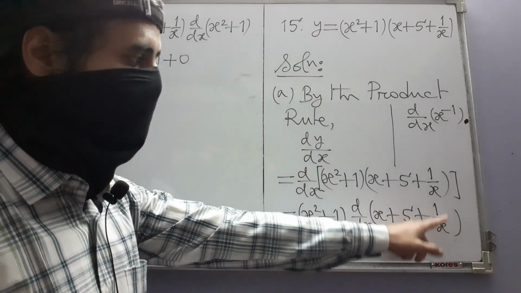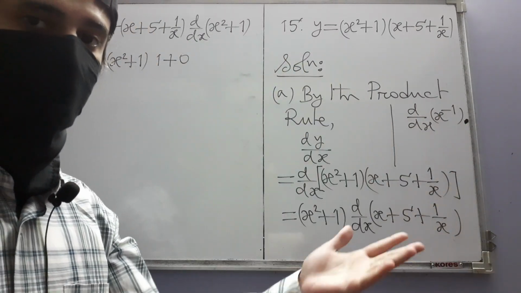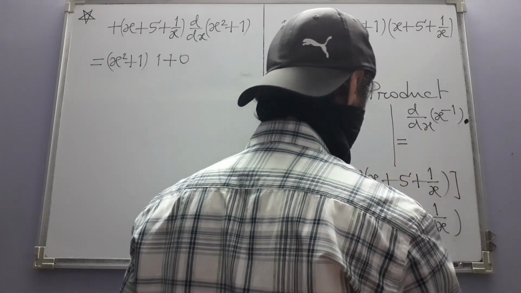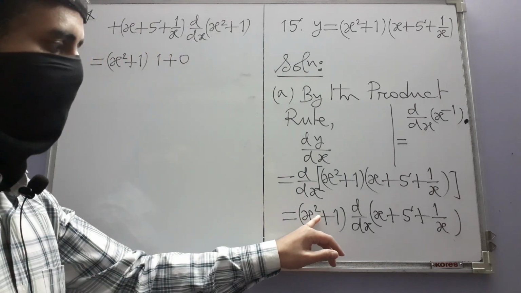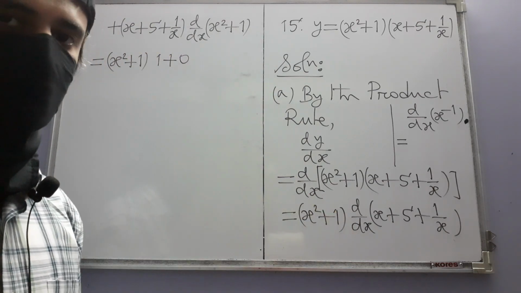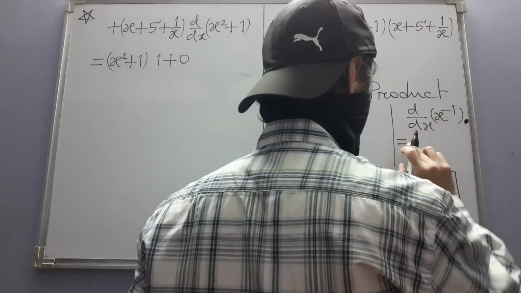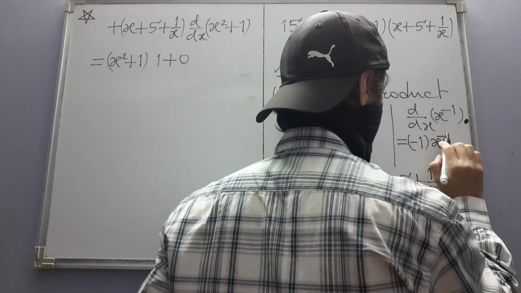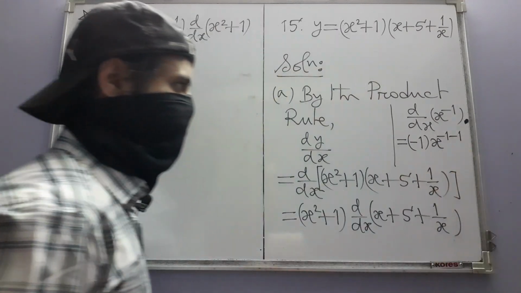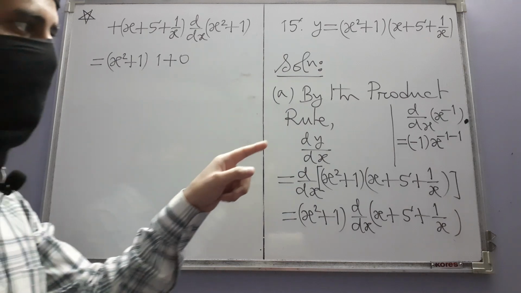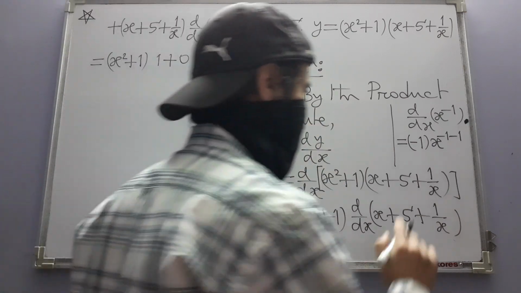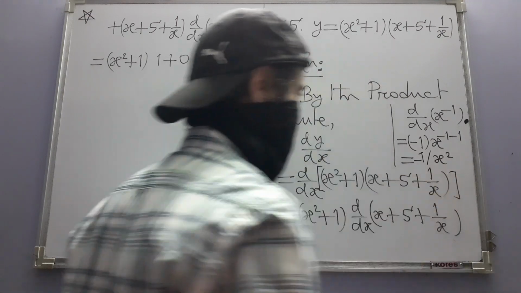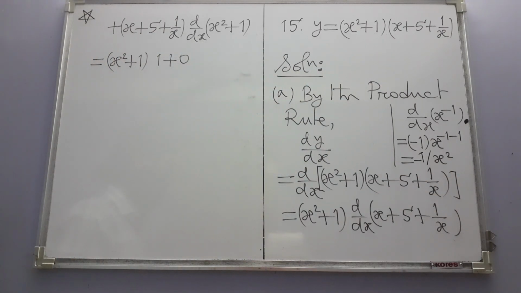If you express this ratio like that, but now with negative exponent minus 1, the form of the derivative is the same as the form of the derivative of a power where the exponent is positive. You bring that exponent down and then subtract 1 from that. So we get minus x to the power minus 2, or 1 divided by x square with a minus sign, minus 1 divided by x square.